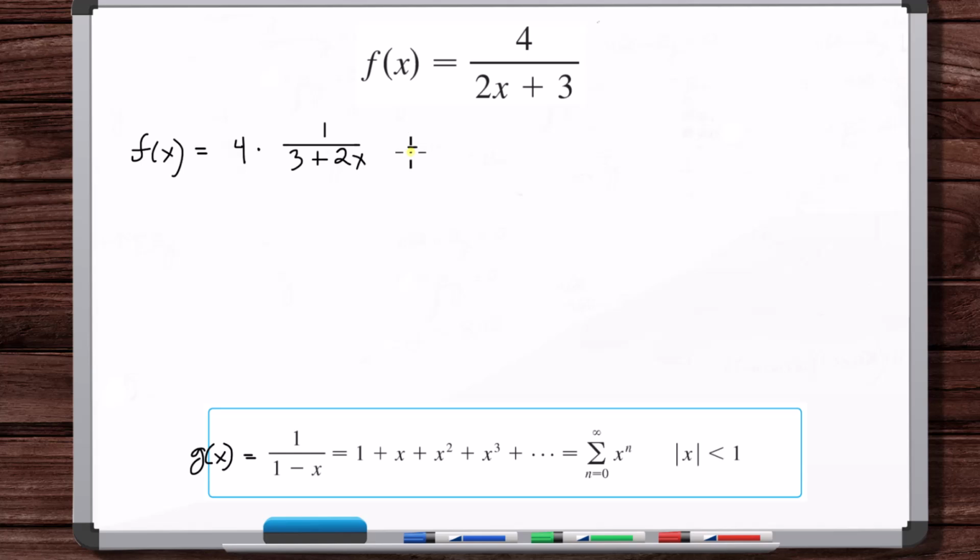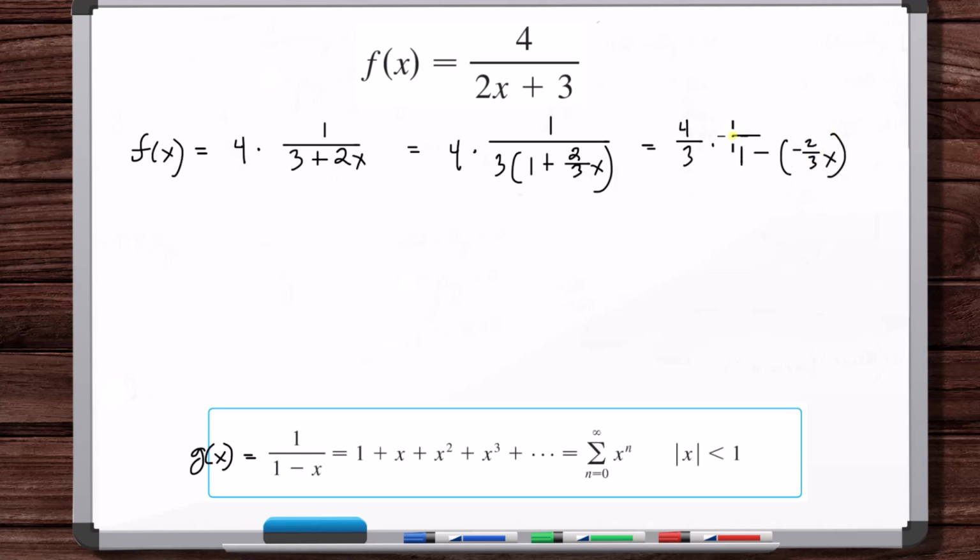So we need to get a 1 here, so we factor out a 3. Now we're going to write this as minus 2/3 x. And there we go. So this you could see is g of minus 2/3 x. You agree that these two are equivalent.